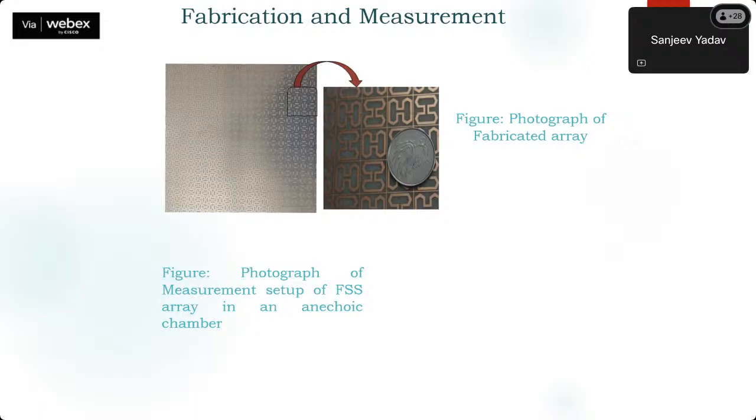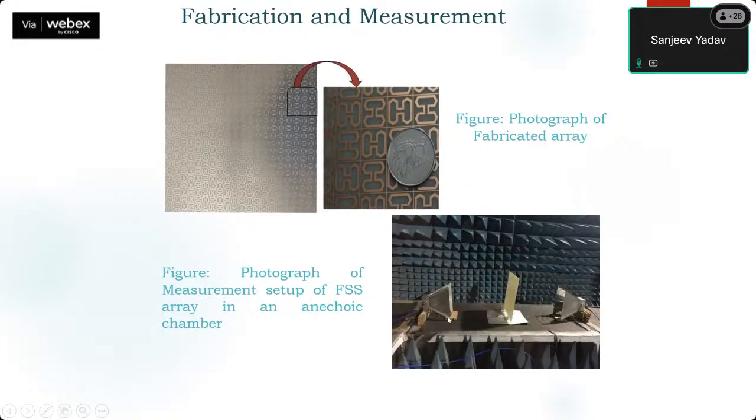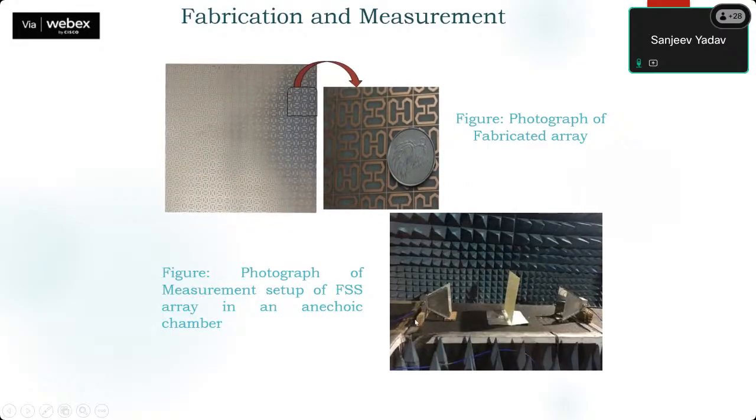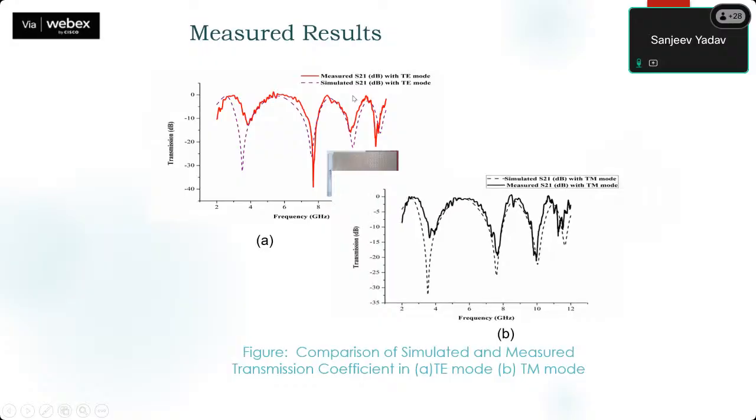This is the final fabricated structure. You can see here a photograph of the final structure, that is a combination of H and I. Again, it has been measured inside the anechoic chamber. These are the measured results, and they are showing good agreement here for the TE mode, also for the TM mode.